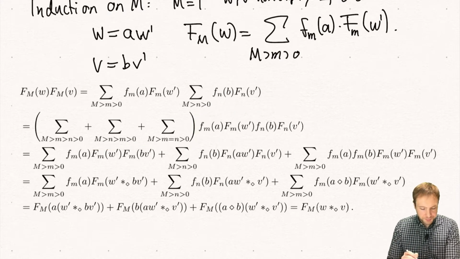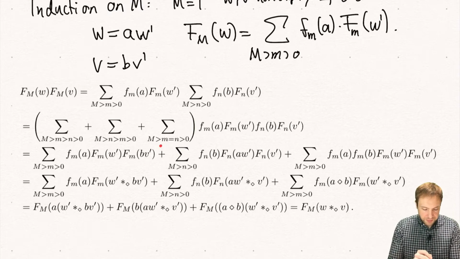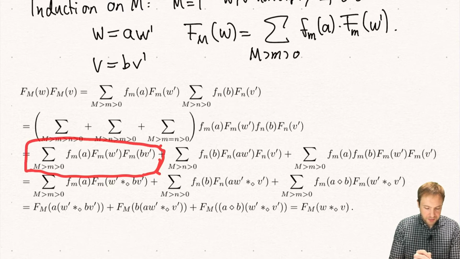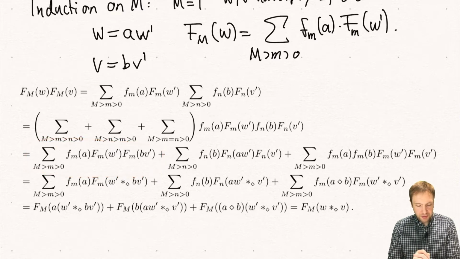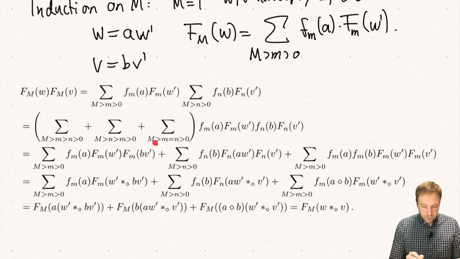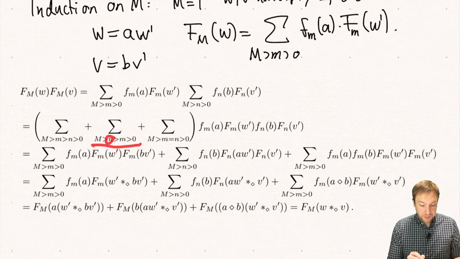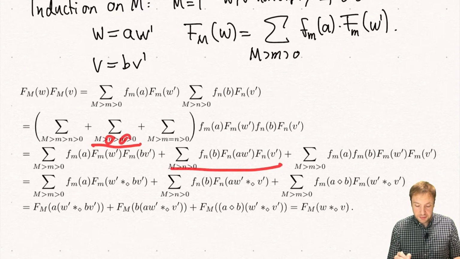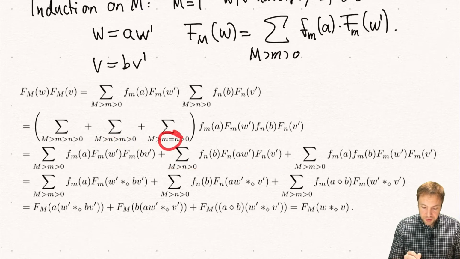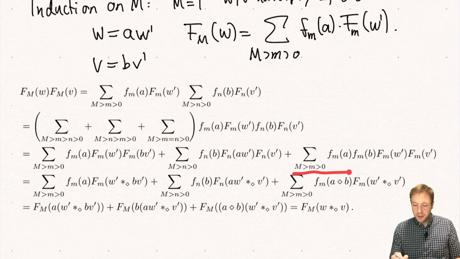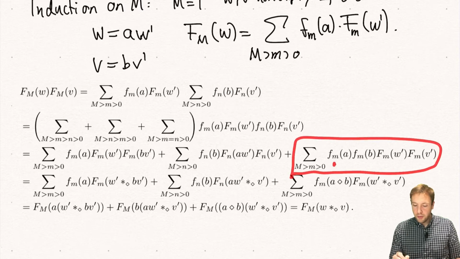And then we can rewrite it like so: the first sum gives this part here. So when m is greater than n, then we get this here. And if n is greater than m, we get this part here. And now in the case where m equals n, we get this sum here, where all of them are n.